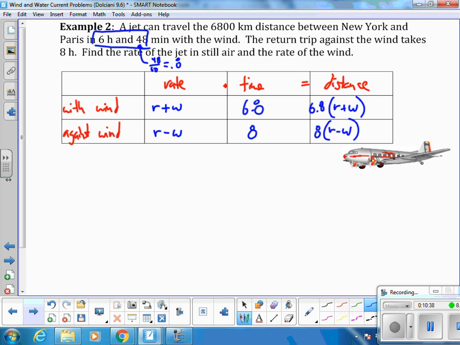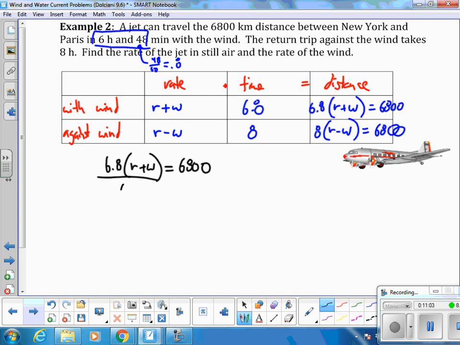But when I look up here at the story, it's telling me that my distance is 6,800. I can use this now to solve it. So I'm going to take my first equation. Let's see. So let's take my first one. 6.8 times r plus w, and we're going to solve this system.